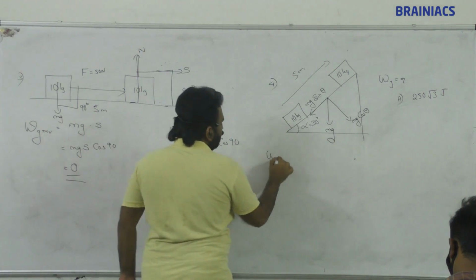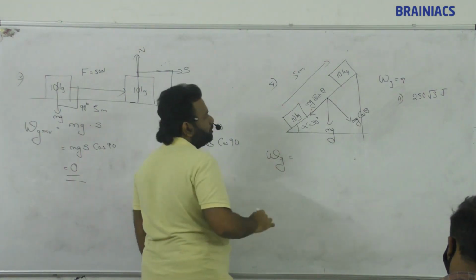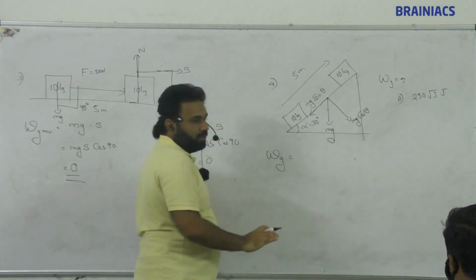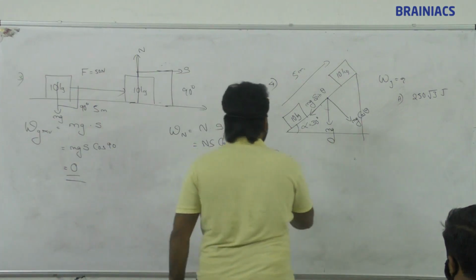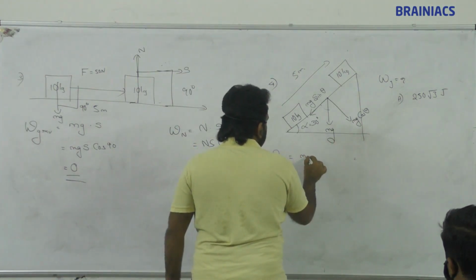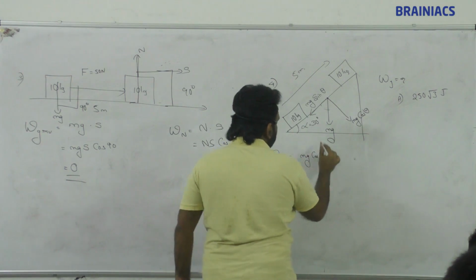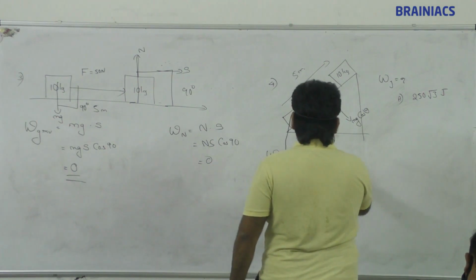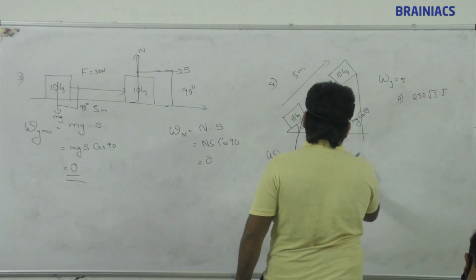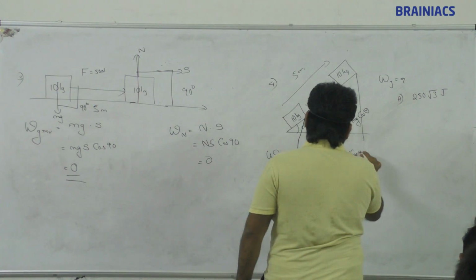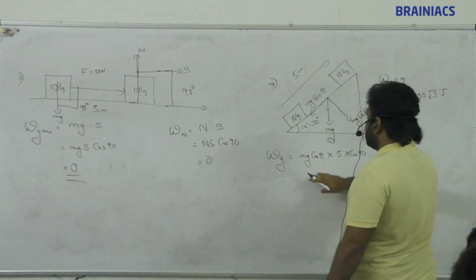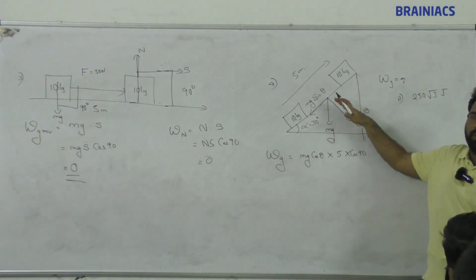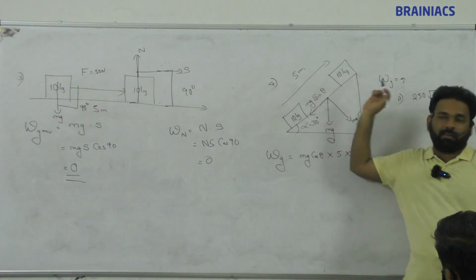So work done by gravitation. If I want, I can also take the angle directly, but I am going to show you separately. This is mg cos theta, one force, into the displacement, which is 5 meter, into cos 90. I have resolved mg into a perpendicular component and a parallel component.